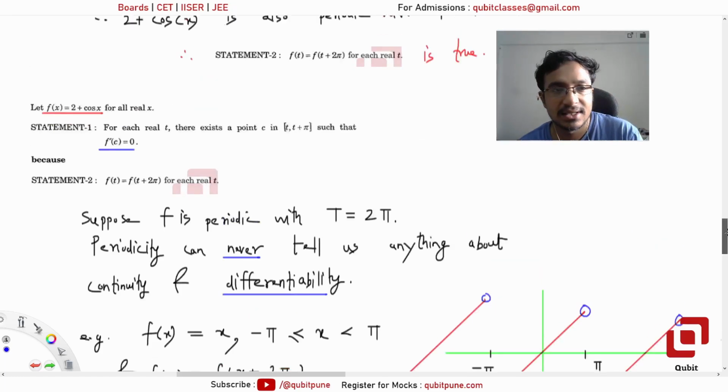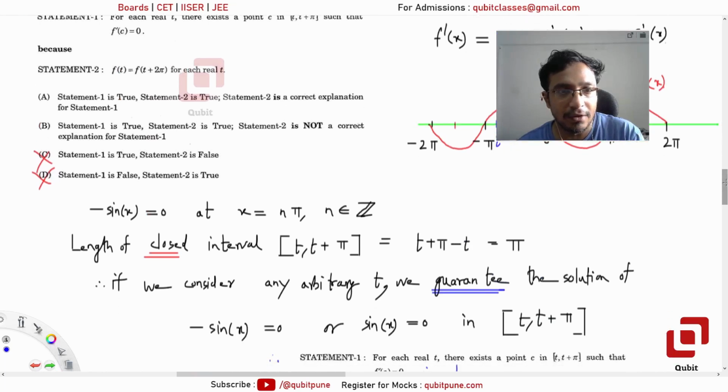Hence we go for option B. We reject option A, because it is not the correct explanation; periodicity is not always going to give you the existence of a derivative, forget about the derivative being equal to 0.